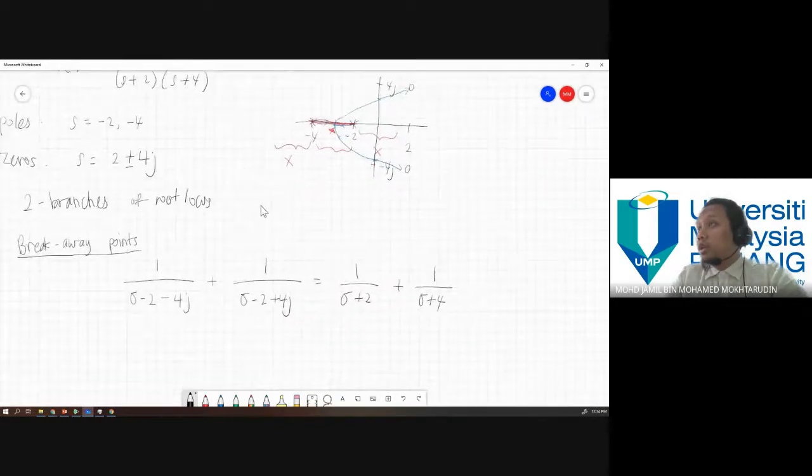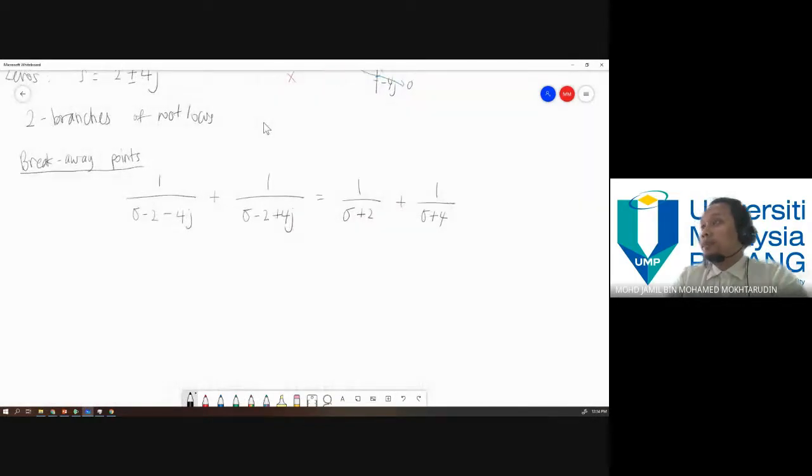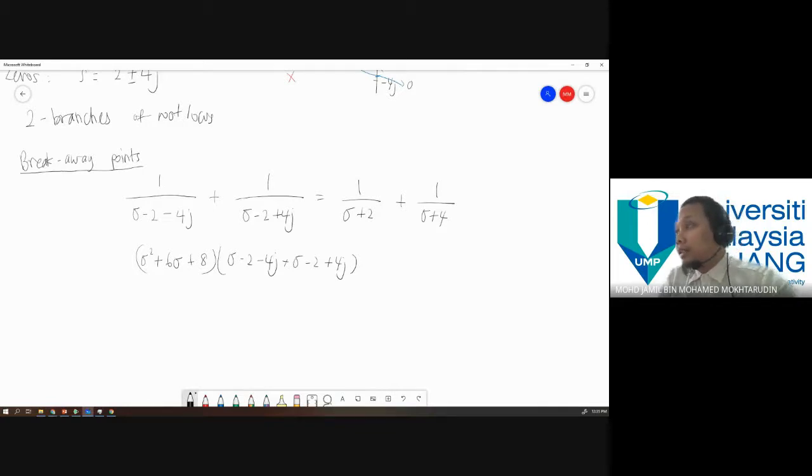So you can calculate this. Sigma squared plus 6 sigma plus 8 over sigma minus 2 minus 4j plus sigma minus 2 plus 4j. Okay, if I calculate quite fast, don't worry, because this is not a mathematics class. You can do it yourself later.